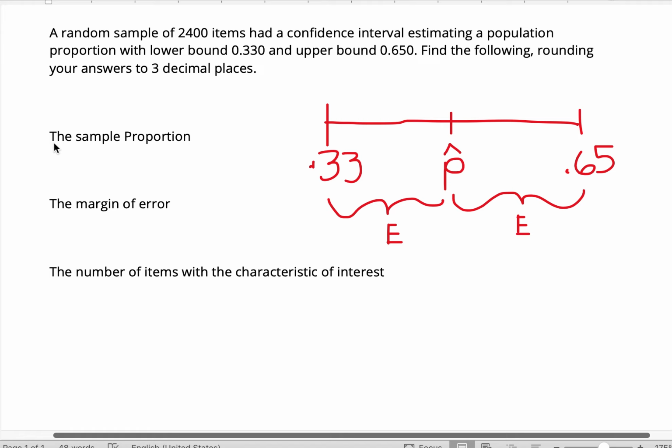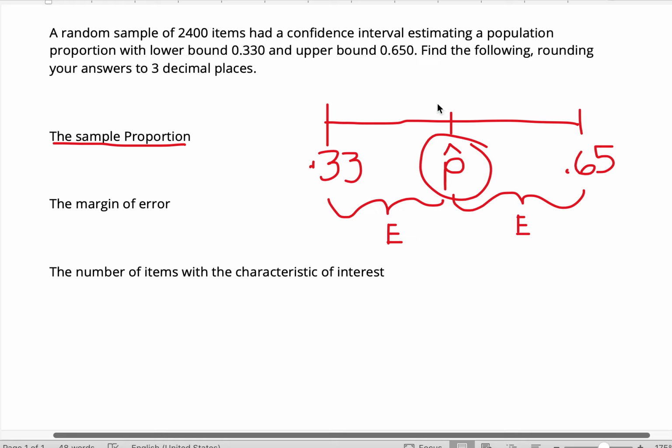So the first part of this question says find the sample proportion. That's this value right here. We don't know what it is, but we have enough information to figure it out. The proportion is going to be what's in the center of this interval. So we're going to take 0.33, add it to 0.65, and divide by 2 to find our center.